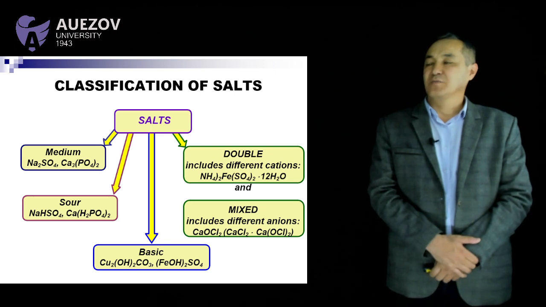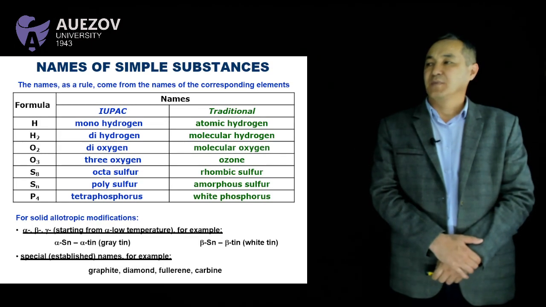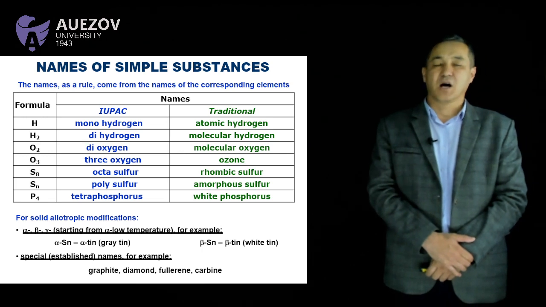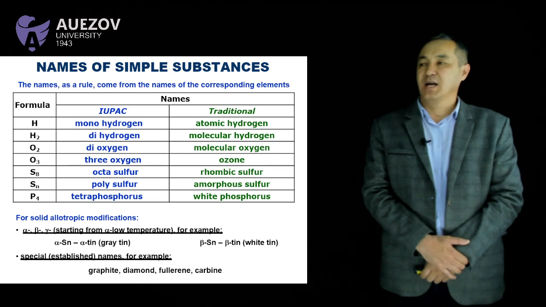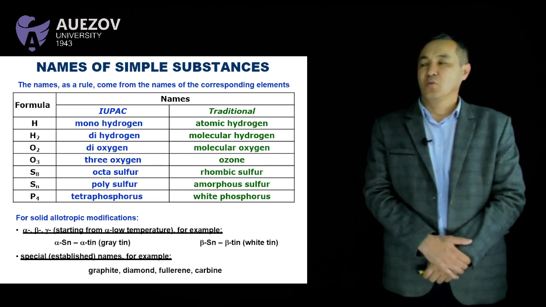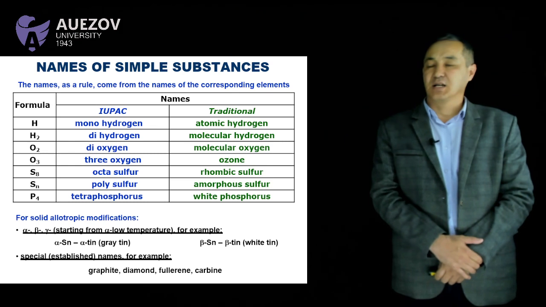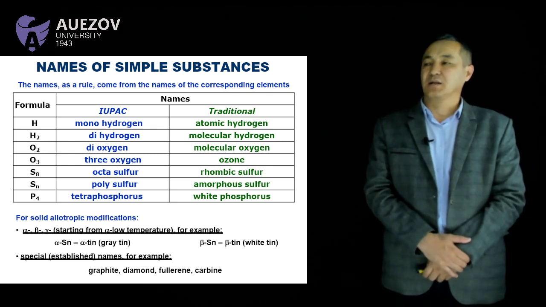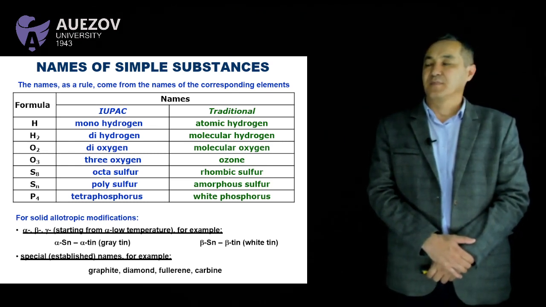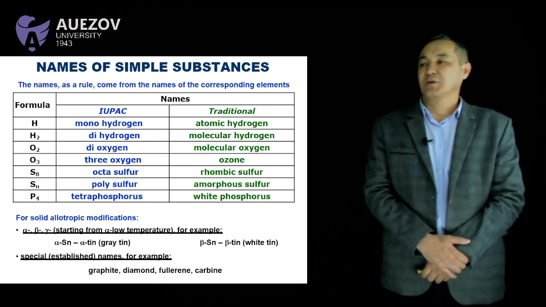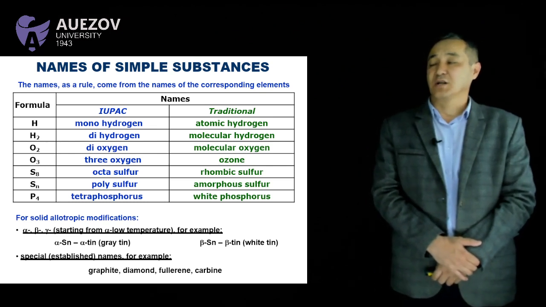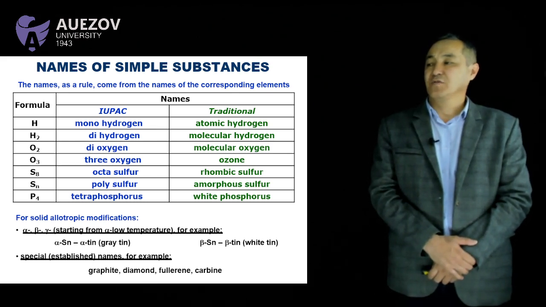Names of simple substances according to IUPAC and traditional names. For example, phosphorus.